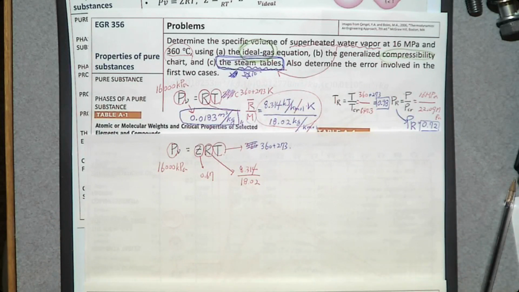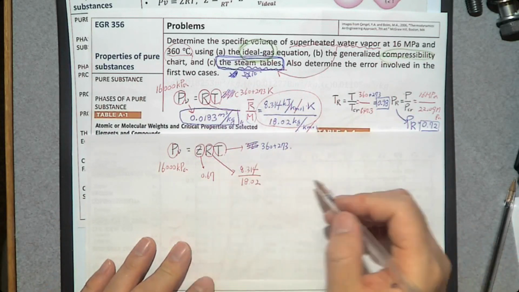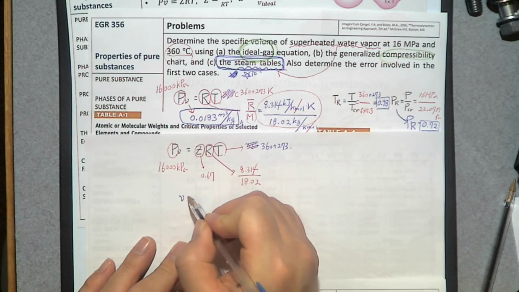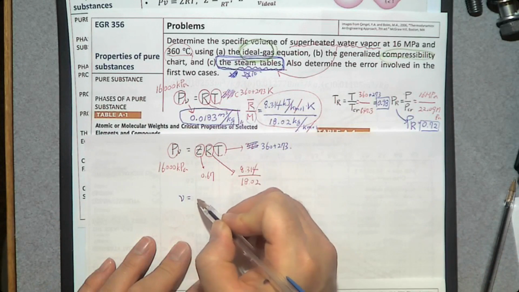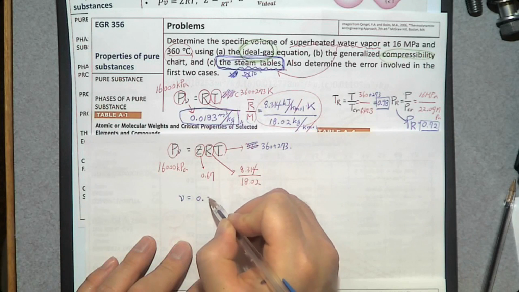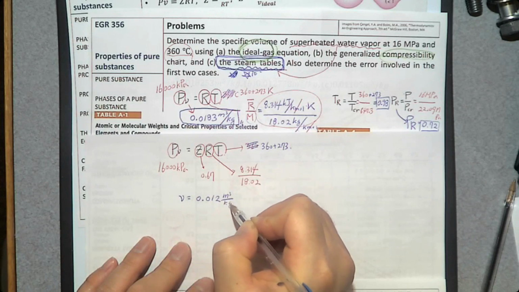I get 0.012. So if you calculate the specific volume by using the compressibility chart, we get 0.012 cubic meters per kilogram.